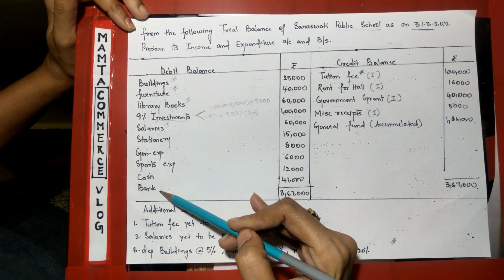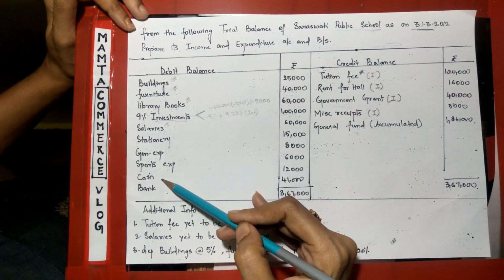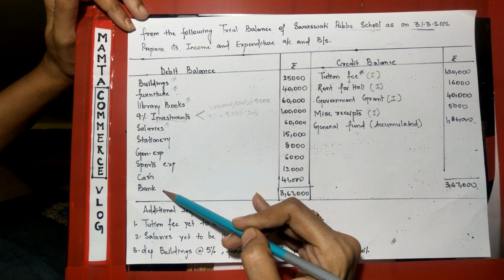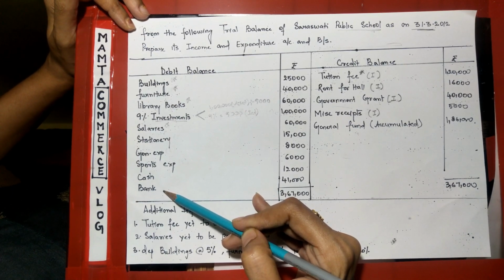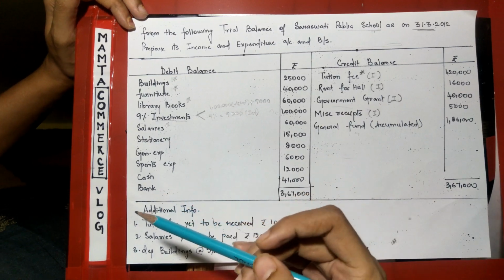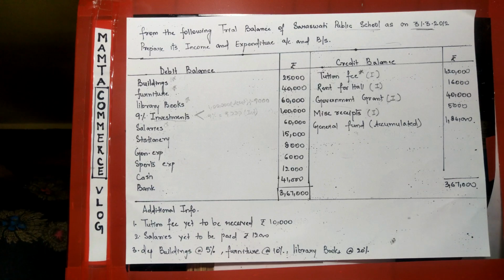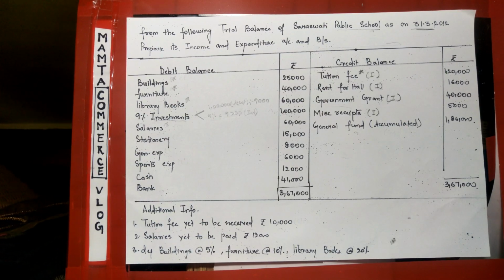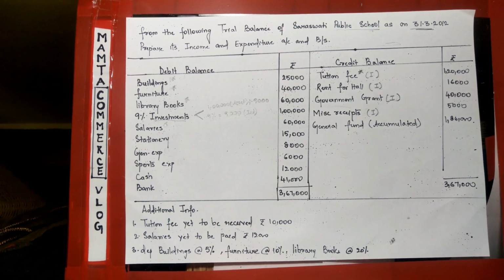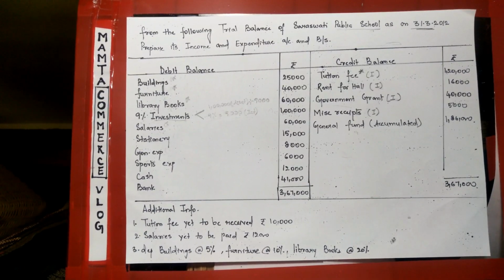Next is cash and bank. This cash balance and bank balance is an asset and which is to be written in the closing balance sheet. So now we will write all these points in our income and expenditure account and also balance sheet.